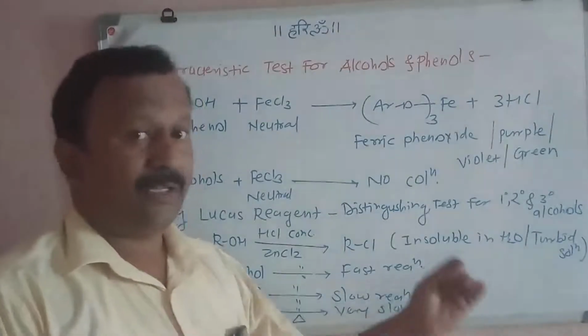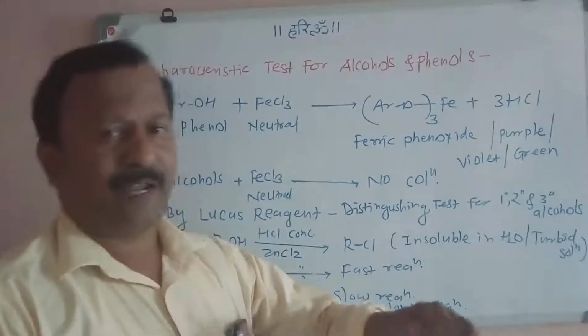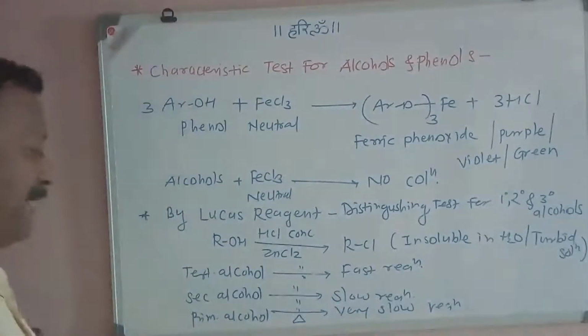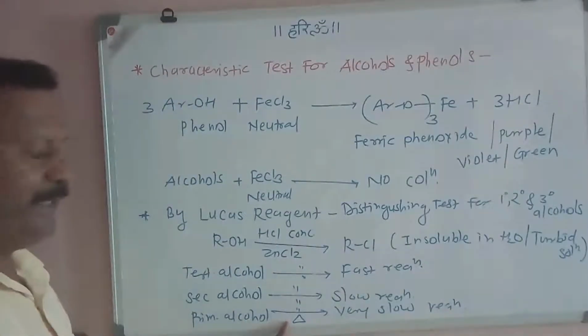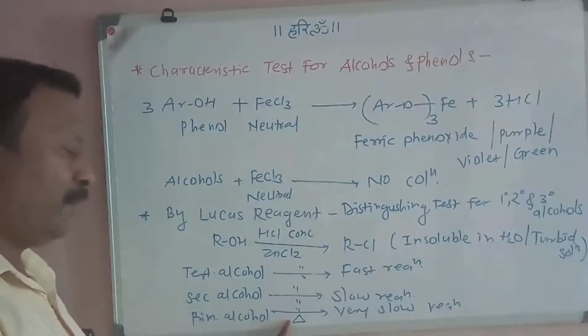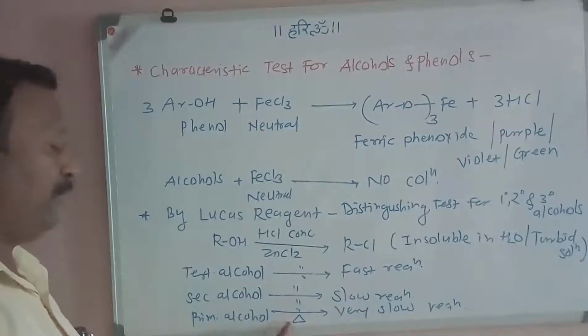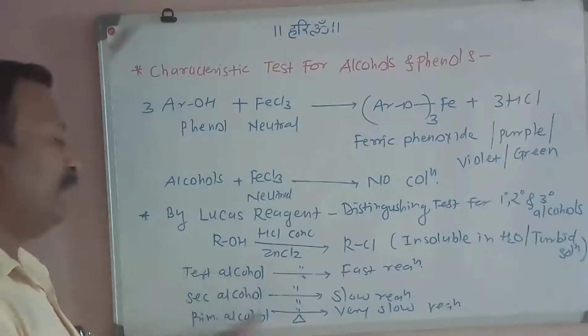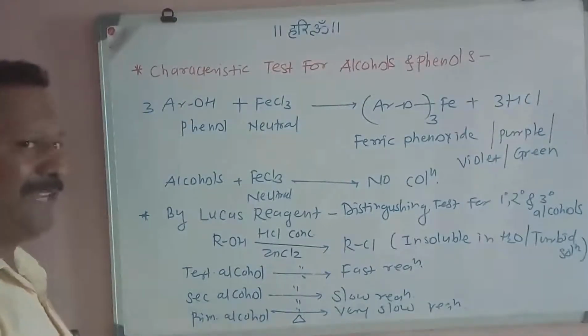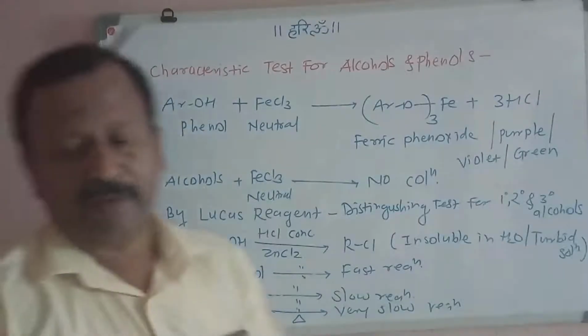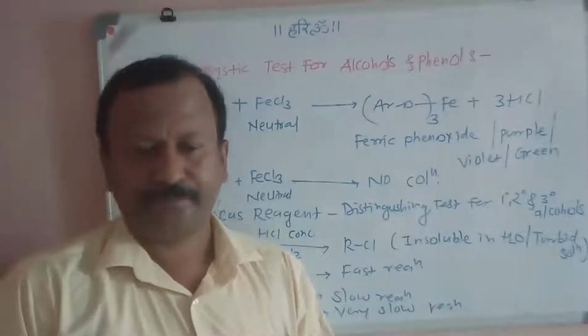Turbidity occurs only after a very long time, and this reaction is carried out at high temperature. Only if we raise the temperature can this reaction occur. Otherwise, there is no reaction with primary alcohol. So in this way, we can distinguish between primary, secondary and tertiary alcohols by Lucas reagent.